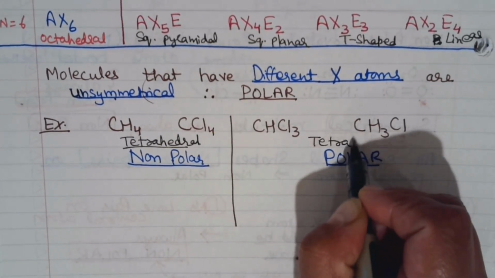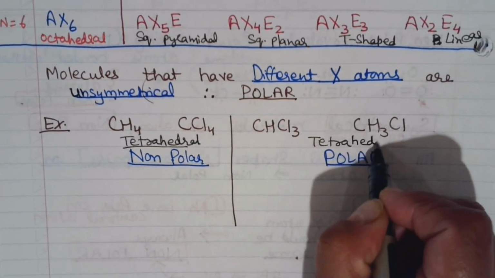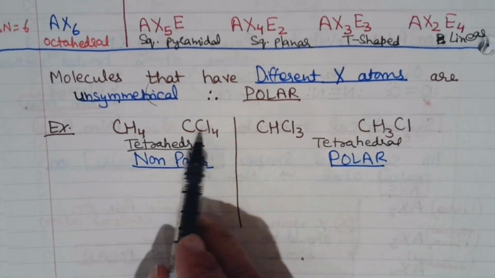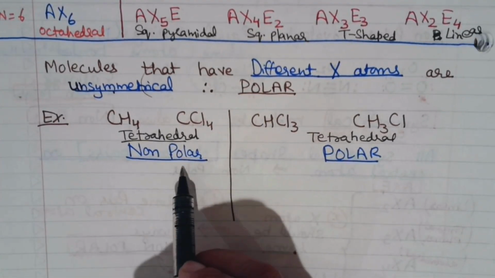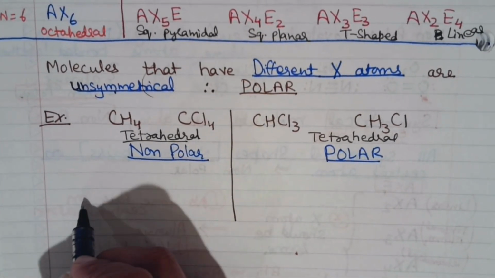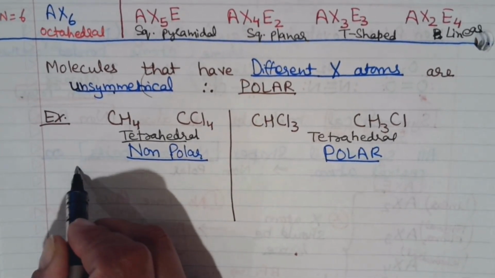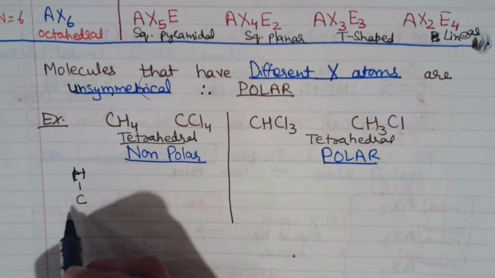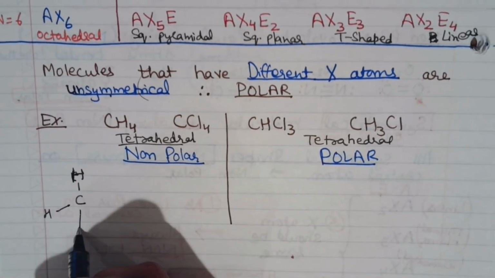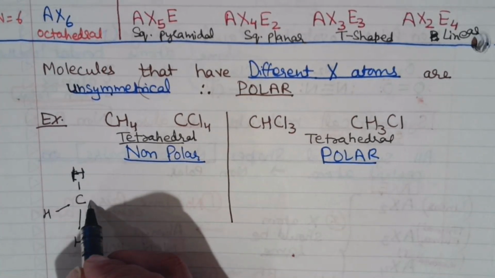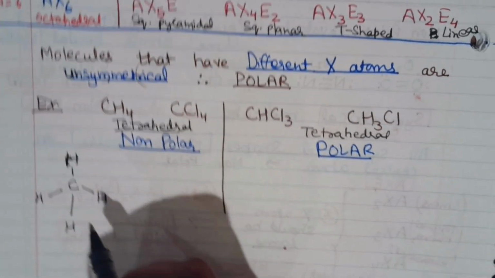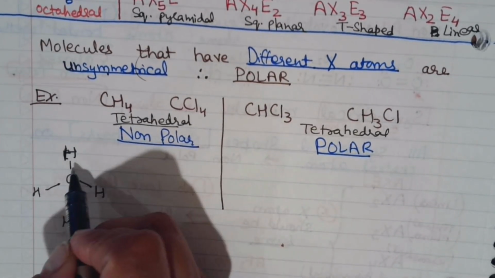They all are tetrahedral, right? But these molecules are non-polar. So let me draw one. So this is how CH4 looks like. So this is tetrahedral, right? And all the atoms are the same.